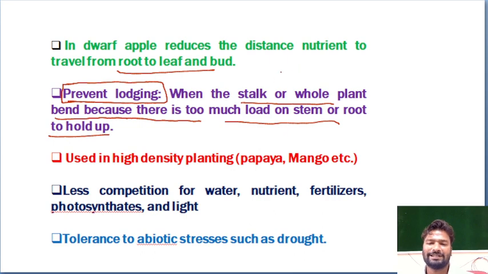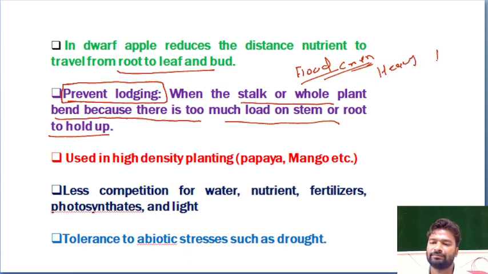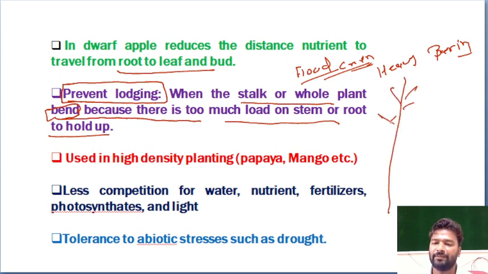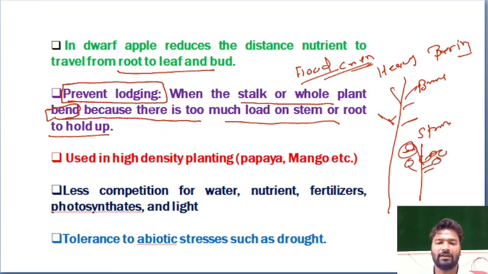So what happens generally in flood conditions or heavy bearing, the plant bends, because the plant height is very lengthy and branches are big, but a short stature plant has fewer branches but they are strong, so they can bear heavy fruiting. So this short height prevents lodging.